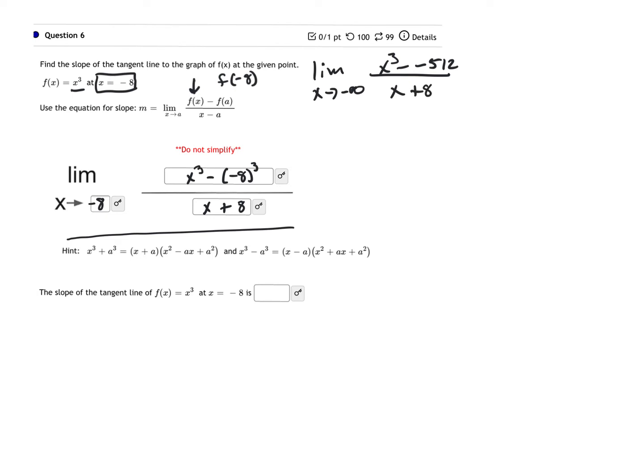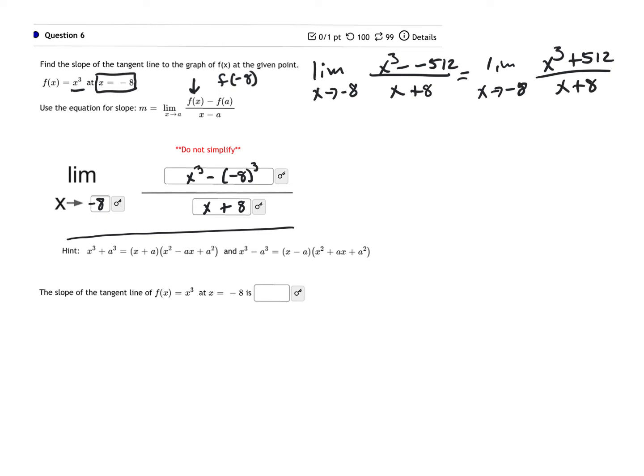And I see that I accidentally wrote an infinity symbol there instead of an 8, x plus 8. Now, that's going to equal the limit as x approaches -8 of, on top here, minus a negative makes that positive, so x cubed plus 512 over x plus 8.